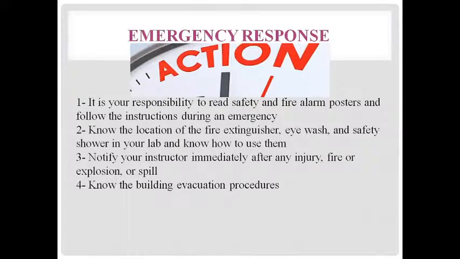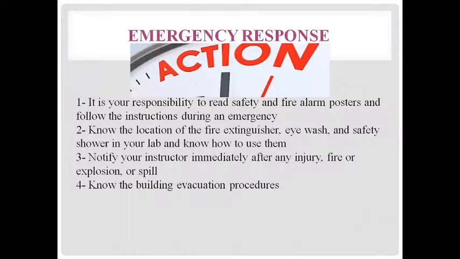You also need to know the location of the fire extinguishers, and the eye wash in the case of a lab spill or something that has happened. Then a safety shower. Of course, we are talking about advanced areas, especially where you'll be working all the time. In the environment that you might be involved in, you may not see everything there, but it depends on the level.